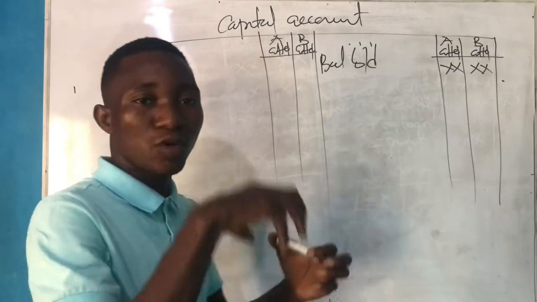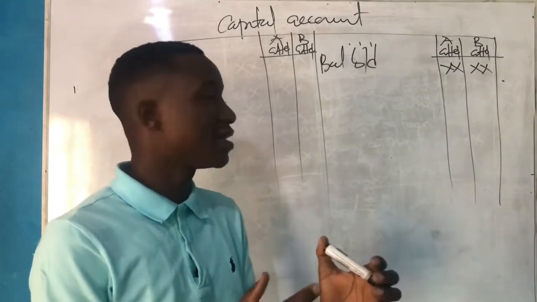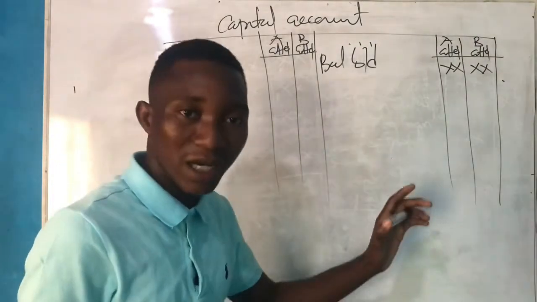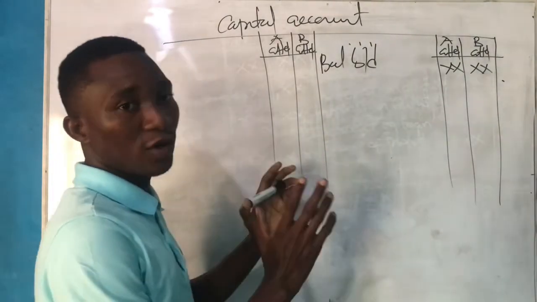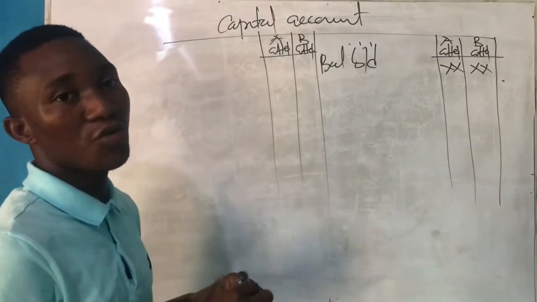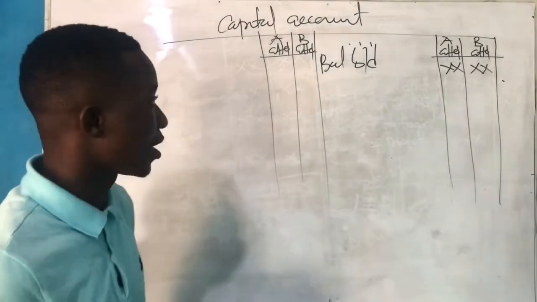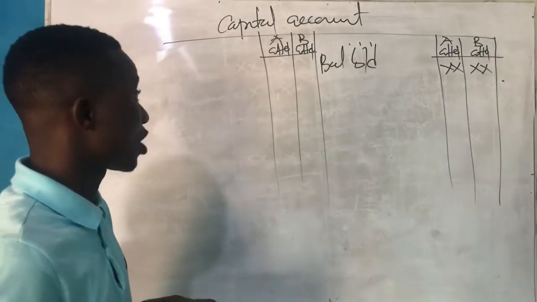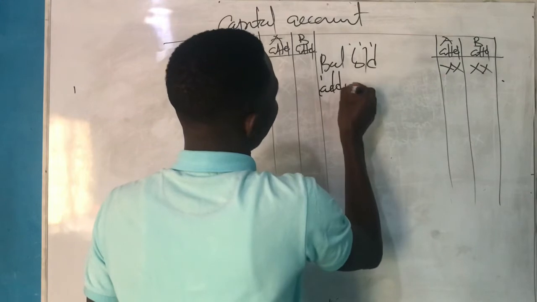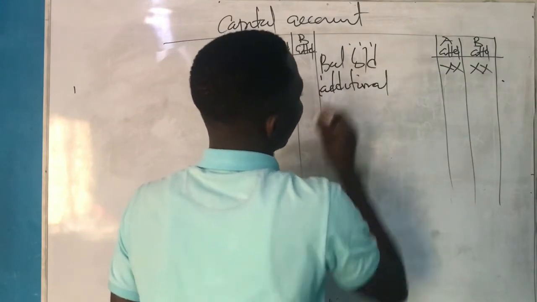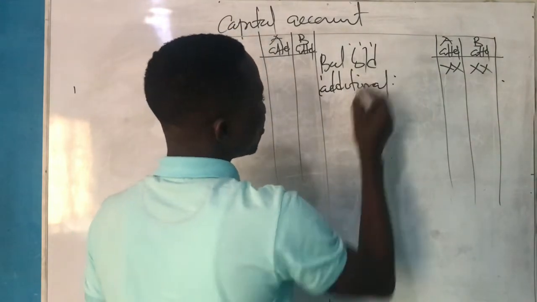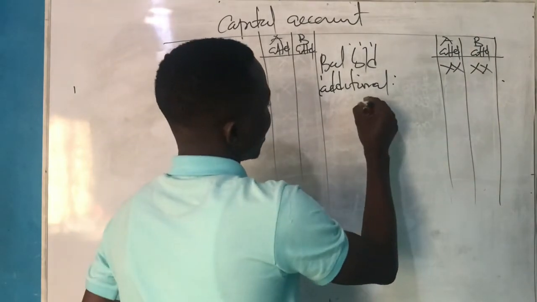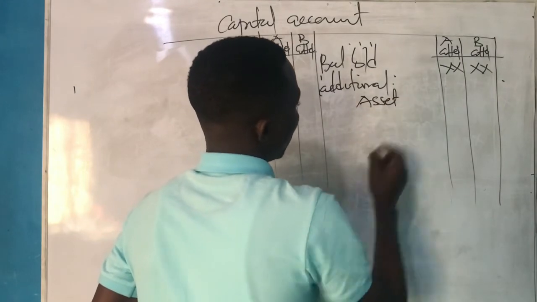But if it is included in the partnership agreement or partnership deed that there should be a capital withdrawal or capital introduction, for that case, we can actually bring it here. So we assume it is included in the partnership agreement that there should be introduction of another capital. Is that okay? This time, let's assume that it is in the form of assets and probably cash.